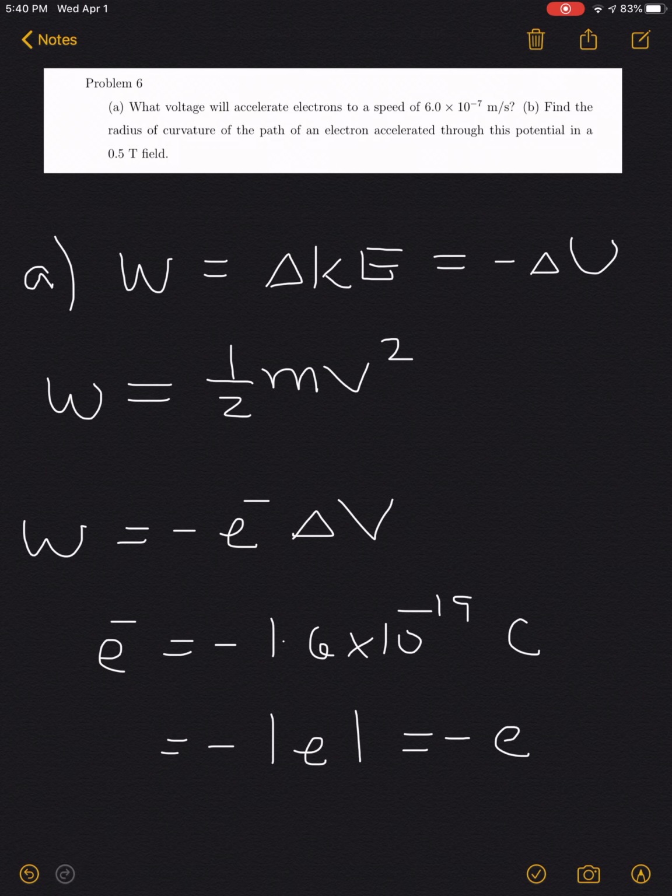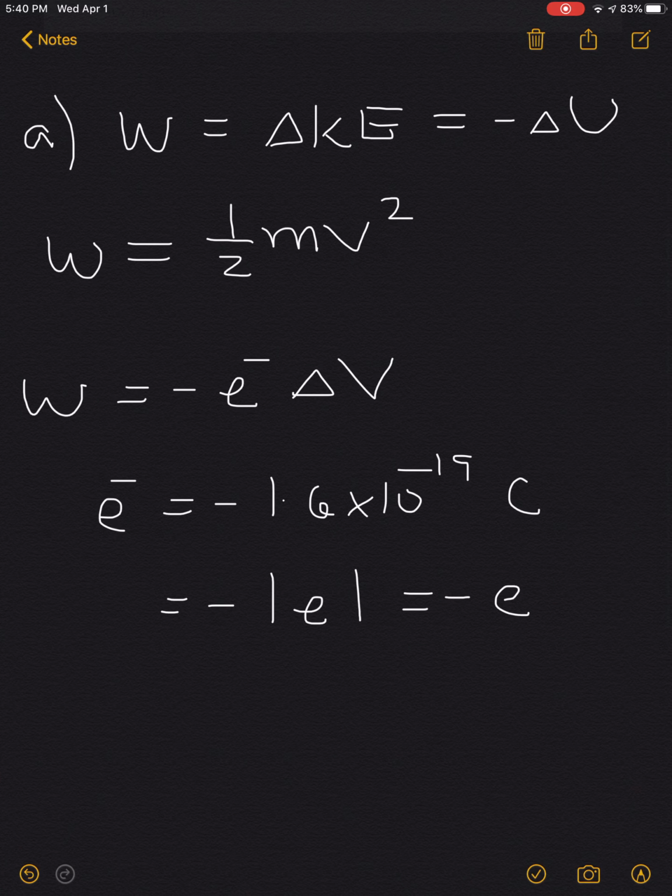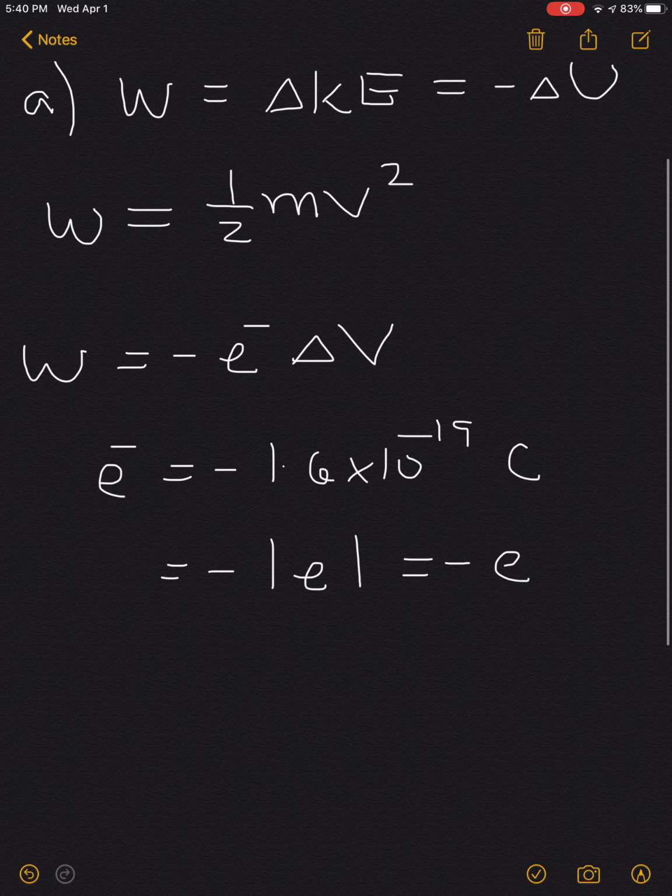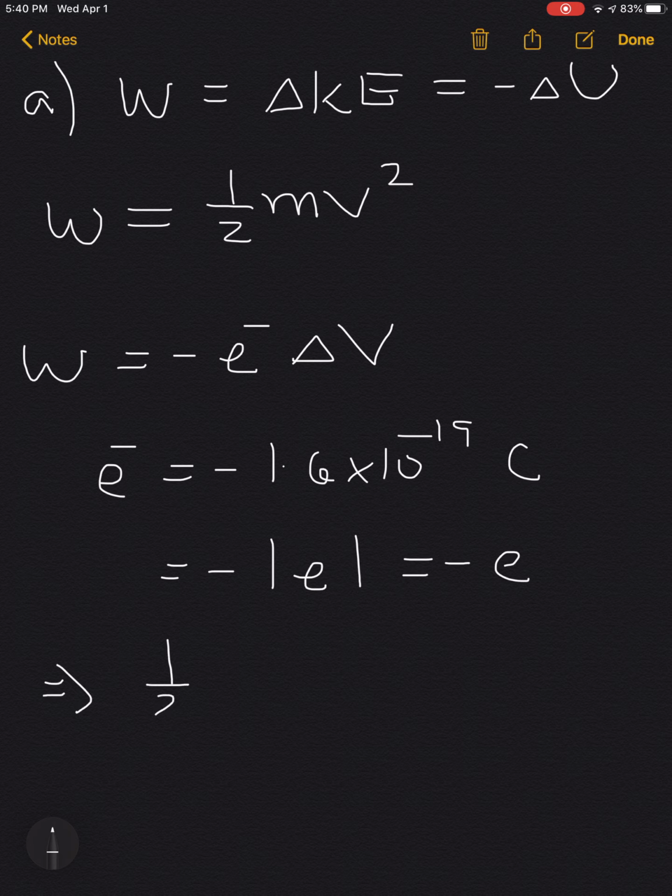Now we want to put this together, because the two ways of computing the work must agree with each other. So 1/2 m v squared, where m is the mass of the electron, is equal to e times the change in the voltage.